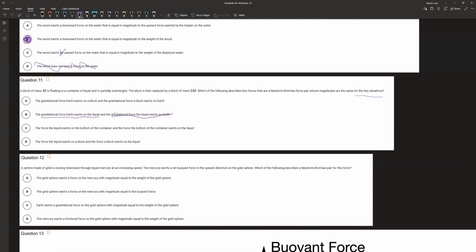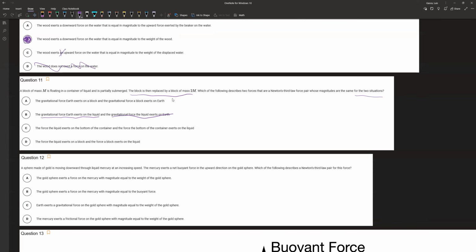Okay, all righty. So what we know here is that in two scenarios, these pairs will be equal to each other. And so the answer has to be addressing the fact that we have placed a block in there.